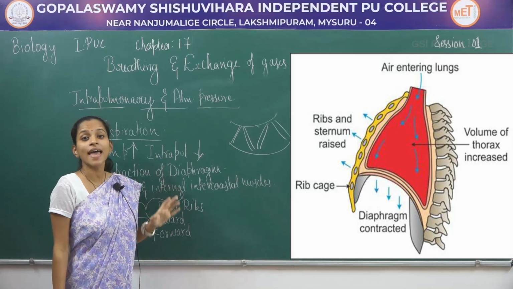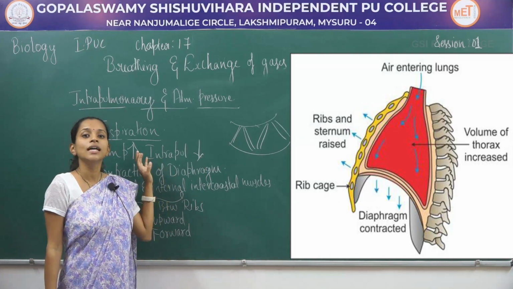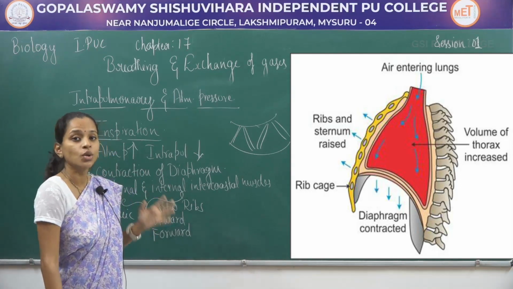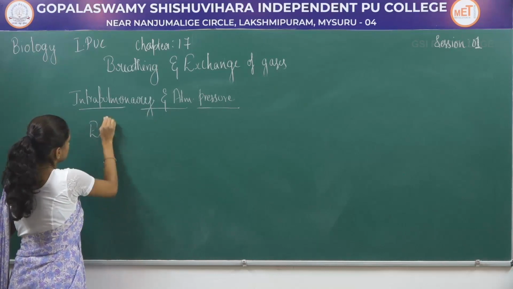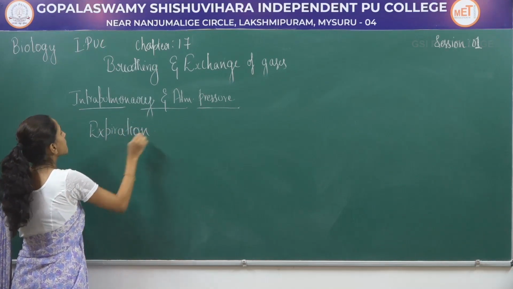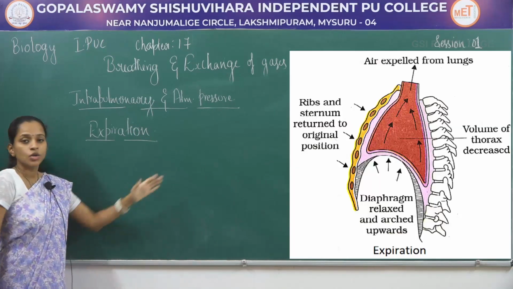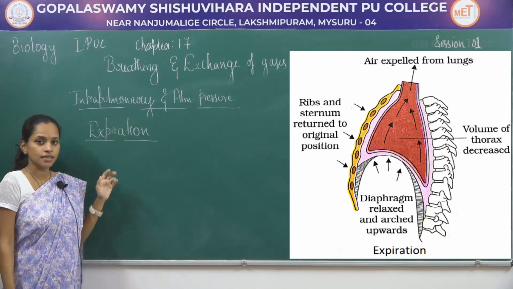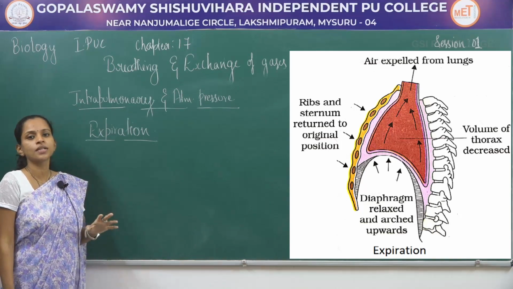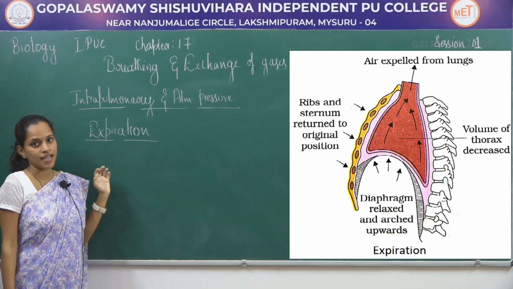Next process is expiration. So we have to learn about different changes that take place during expiration. You can see the diagram on the screen here. During expiration, the exact opposite of what took place for inspiration takes place.